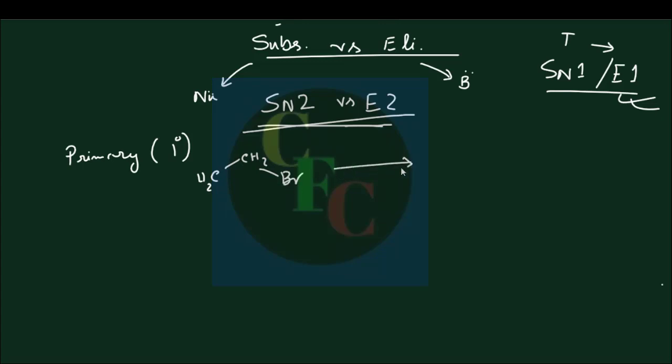Now if this is subjected to a strong base at elevated temperature, say ethoxide, EtO minus, at say 50 degrees centigrade, then the major product is the substitution product.